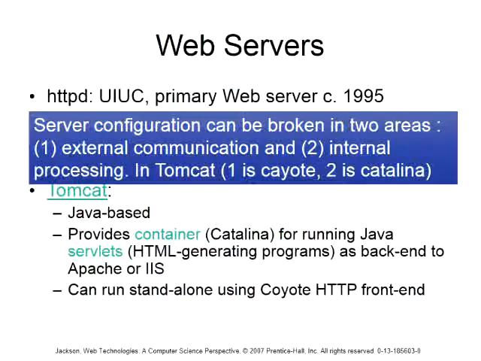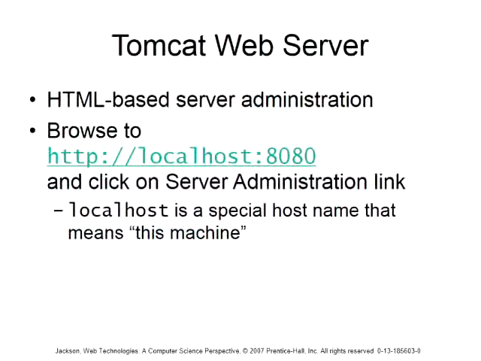So for Tomcat, the configuration can be broken in two areas: external communication and internal processing. So we will talk about Tomcat when we investigate Java servlets. So we can make administration of Tomcat web server by writing HTTP localhost 8080.